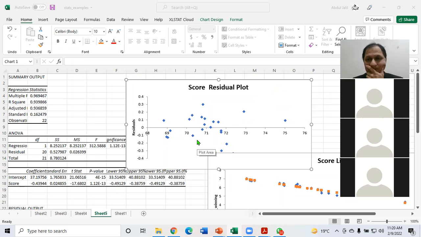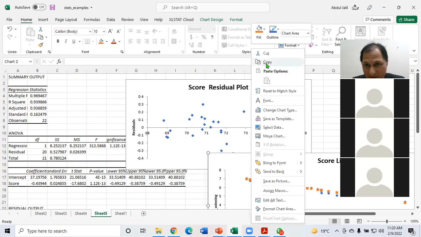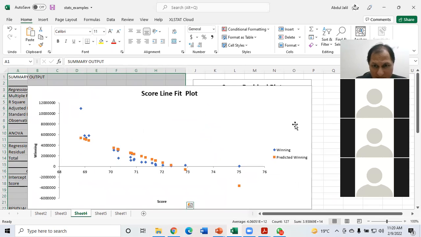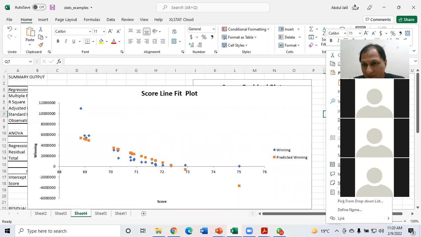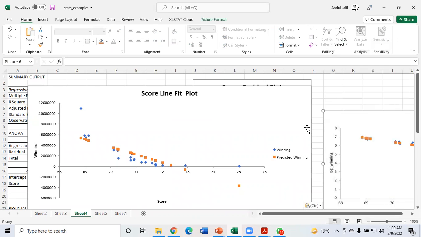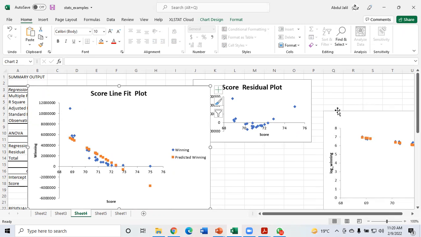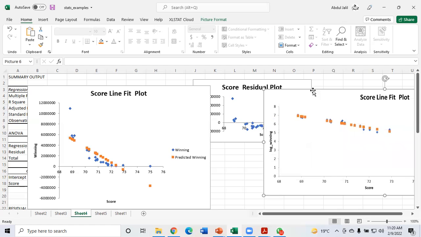So, what about the score line fit plot? What it does is show whether the line is going to be accurately fit or not. Let's suppose I'm going to copy, for your convenience, the other plot here. If you just observe these two plots, the plots are there just to identify and compare situations.